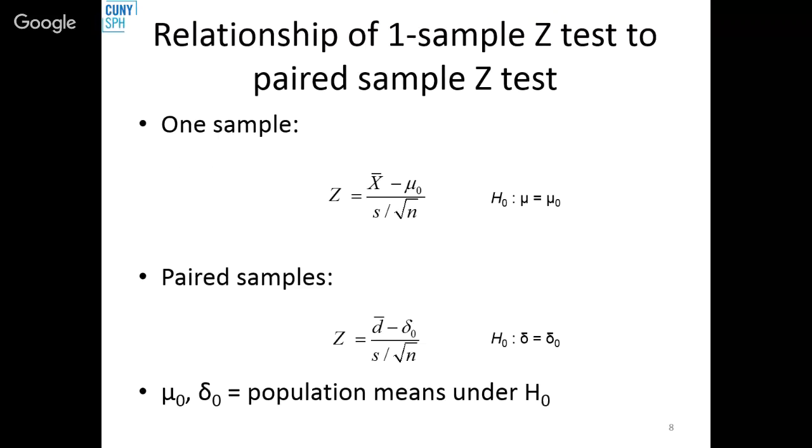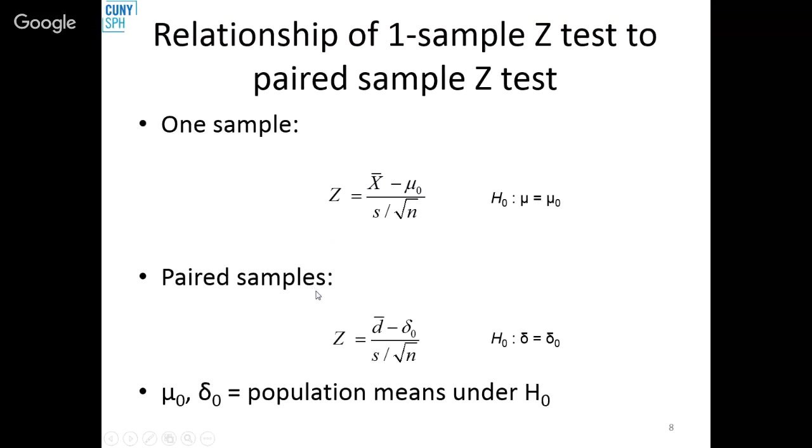These paired sample tests are actually no different from the single sample tests that you learned last week. And so they're very straightforward. With a one sample, for example, the one sample z-test, your test statistic was the sample mean minus the population mean under the null hypothesis divided by the standard error.